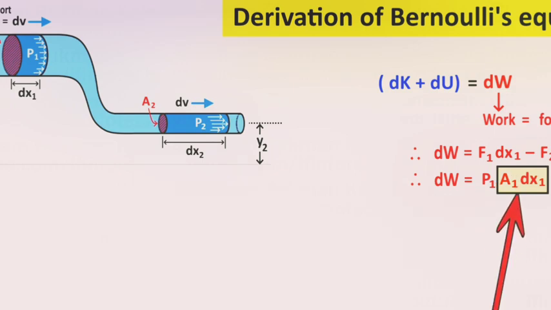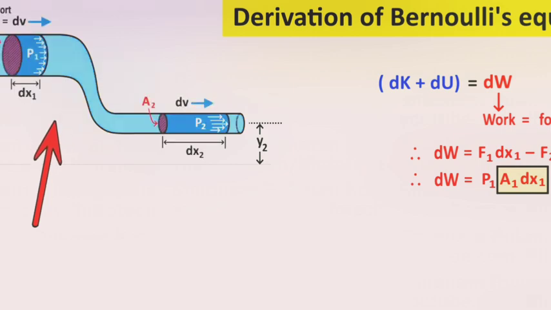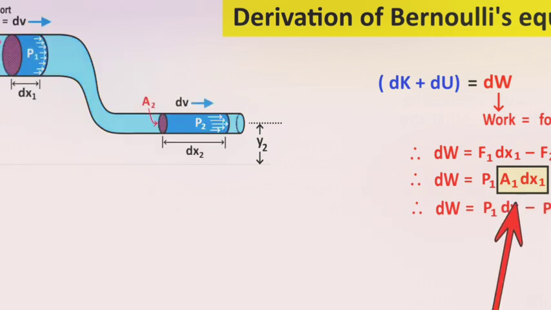Here, the terms A1 dx1 and A2 dx2 have to be equal since they represent the volumes of fluid displaced near points 1 and 2. If we assume the fluid is incompressible, an equal volume of fluid must be displaced everywhere in the fluid, including near the top. So A1 dx1 equals A2 dx2 equals dV.